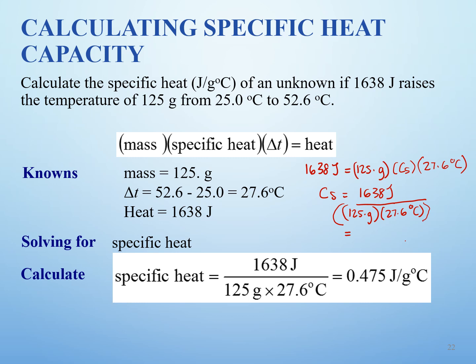Otherwise, your calculator will do 1638 divided by 125 times 27.6, and you get the wrong answer. Make sure you come up with 0.475 here. So let's erase this, write this neatly. Joules per gram Celsius.